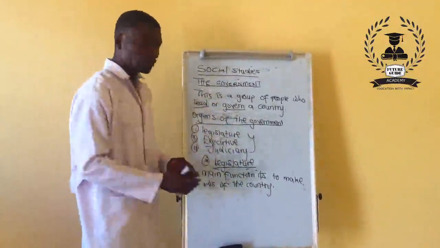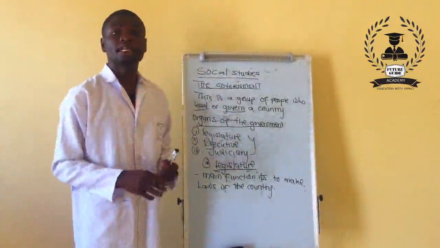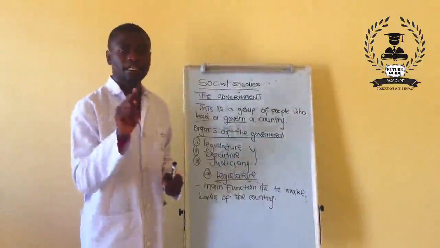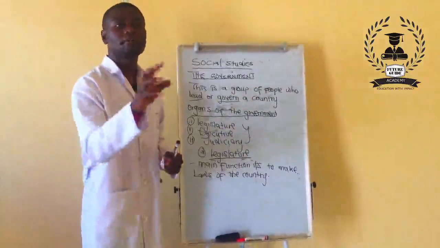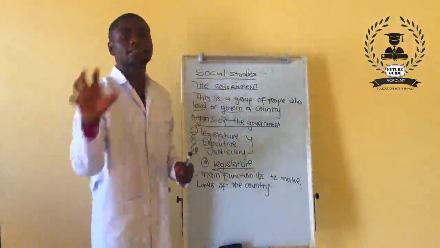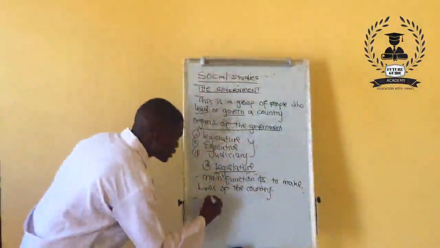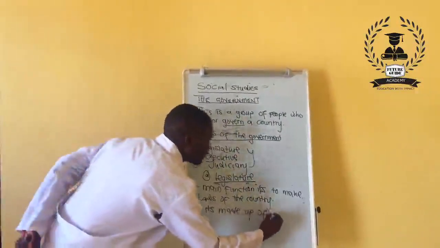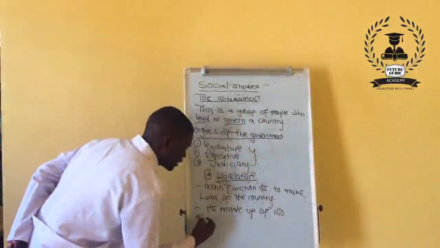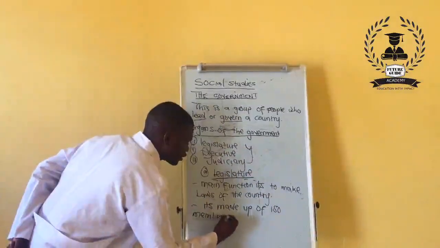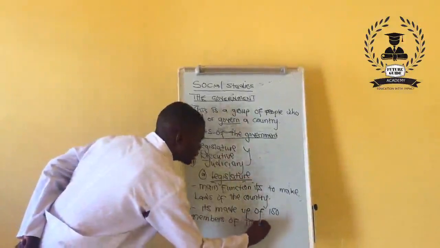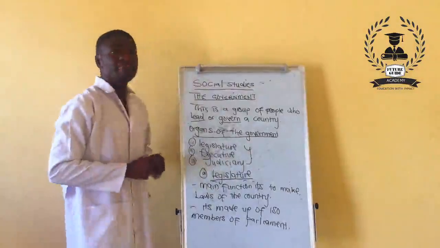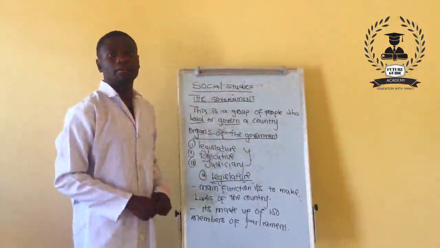Now, what you are supposed to know about the legislature is that it is made up of 150 members of Parliament, which are voted by people across the country. These members of Parliament, or MPs, are voted across the country.